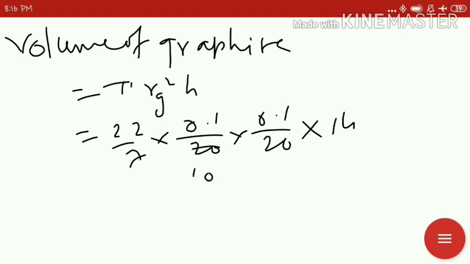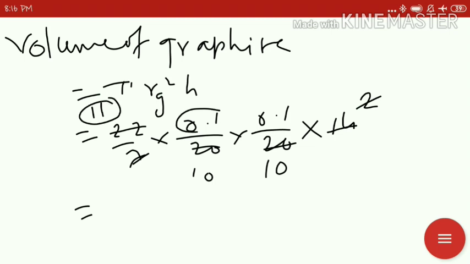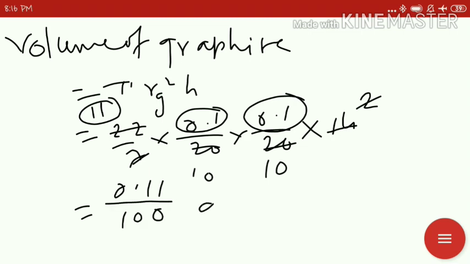If we cancel them, 7 2s are 14, 2 10s are 20. Multiplying 11 into 0.1 into 0.1, you get 0.11 by 100 centimeter cube. That is the volume of the graphite.